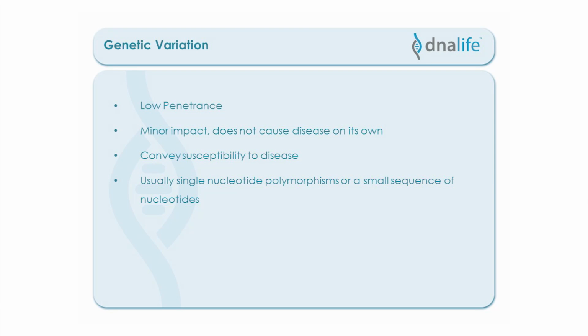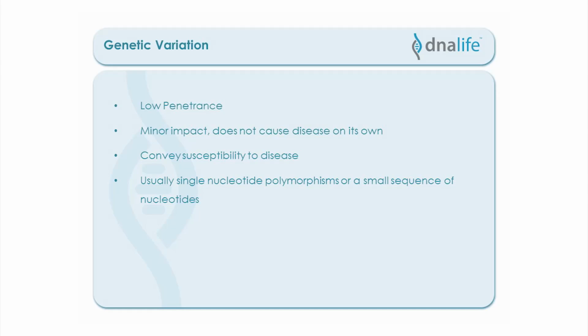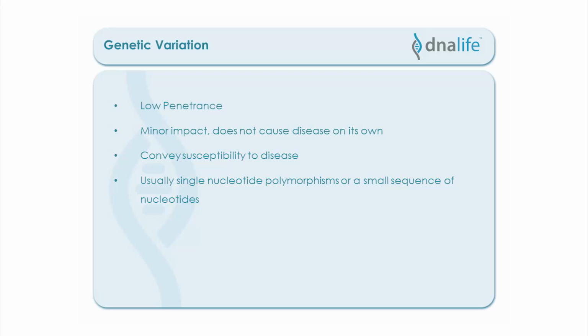In contrast, at the other end of the spectrum, we have what we call genetic variations. Now, we within DNA Life and all of the tests that we sell are far more concerned with the genetic variations, because here we're talking about low penetrance markers which by themselves are insufficient to cause a disease or cause a physical trait or characteristic, but rather they convey a susceptibility.